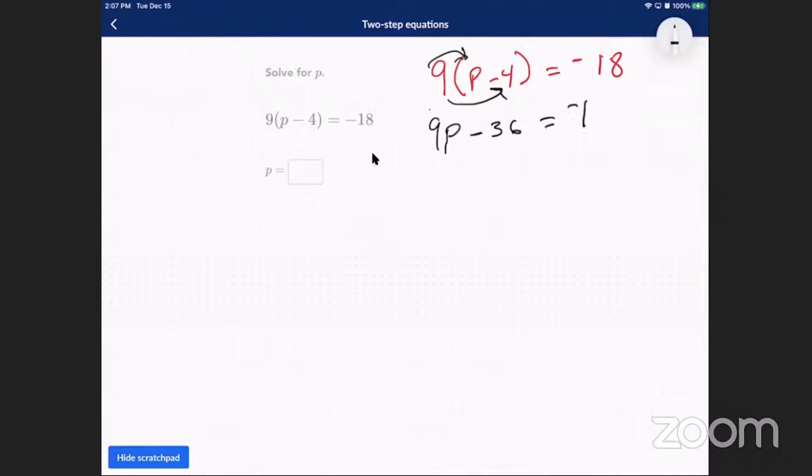Now we have an equation we can start to break down. We want to start to solve for p by adding 36 to both sides. Looking at this equation is kind of saying you have $36 and you want to buy something for $18, which would leave us with a positive 18.